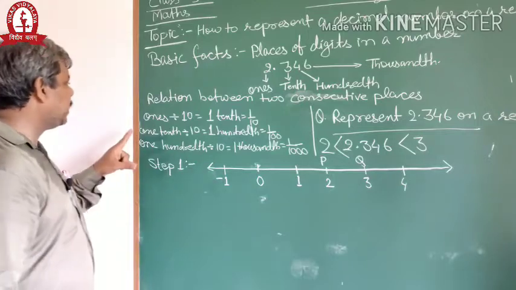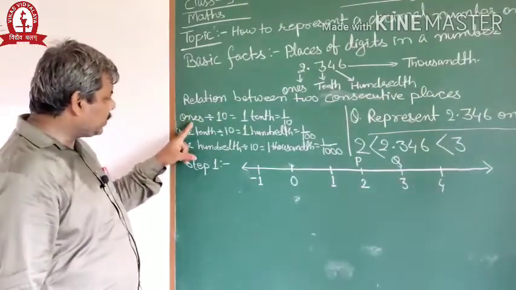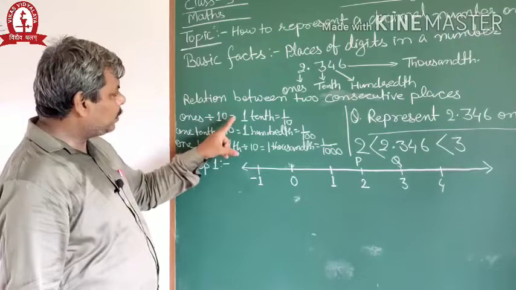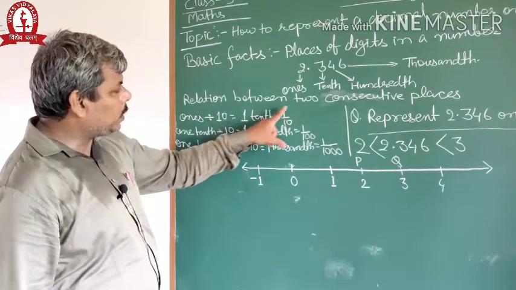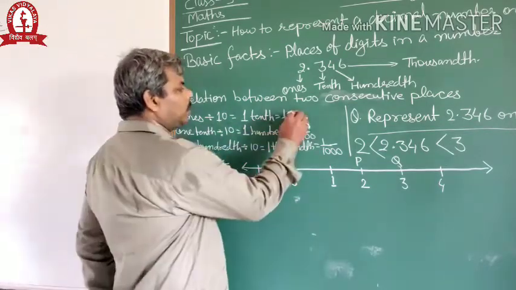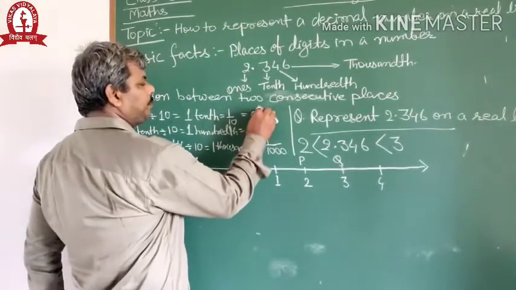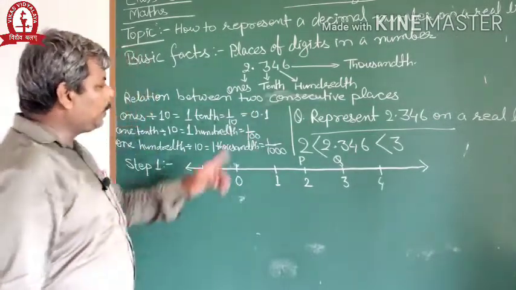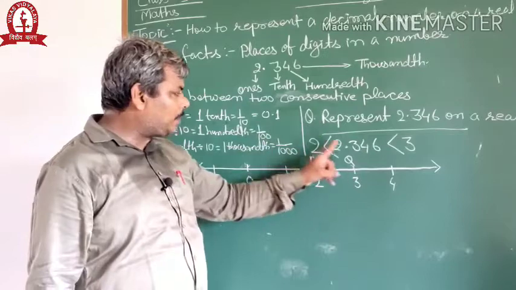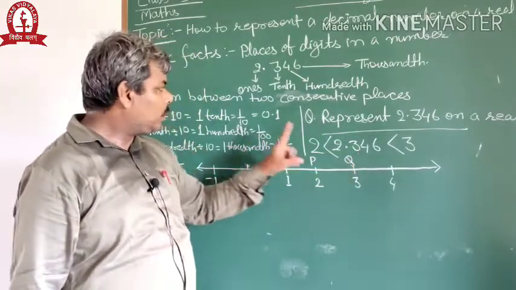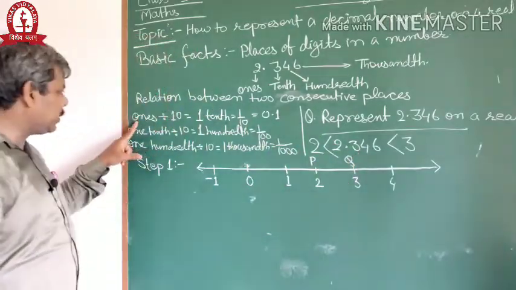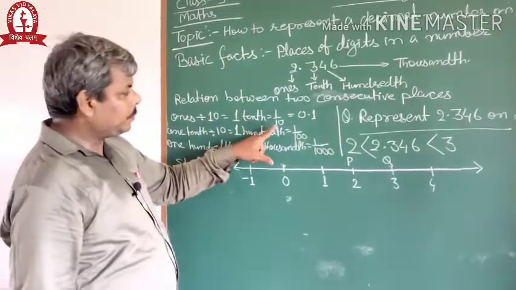First we see the relations. When ones is divided by 10, we get 1/10 equals to 1 by 10 equals to 0.1. To represent the first digit after decimal, we will divide ones by 10.